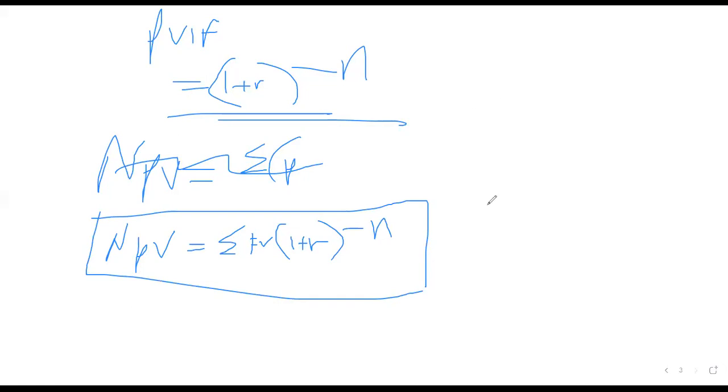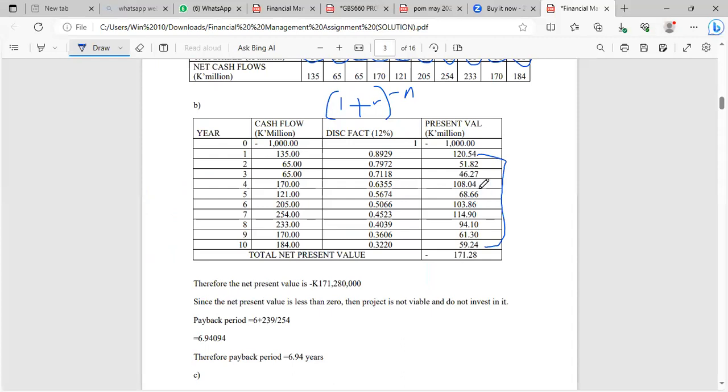So this is what is going on for us to find the present values.